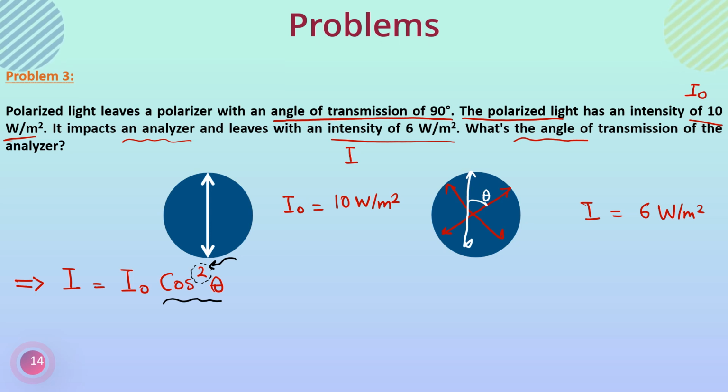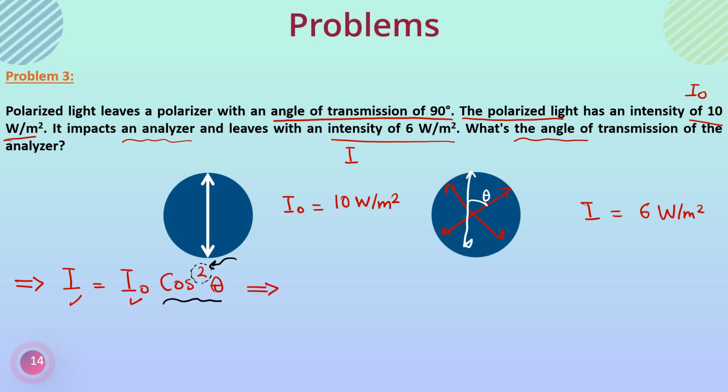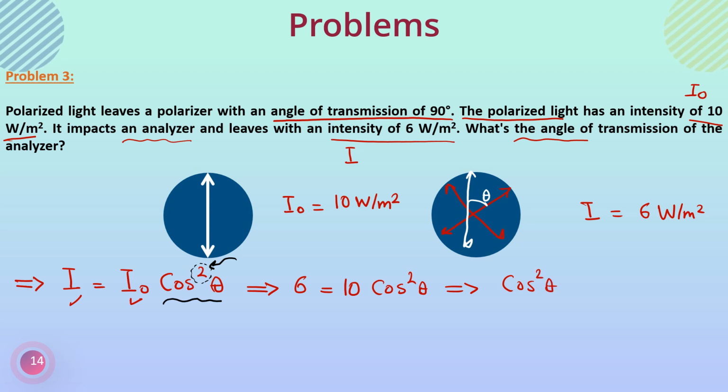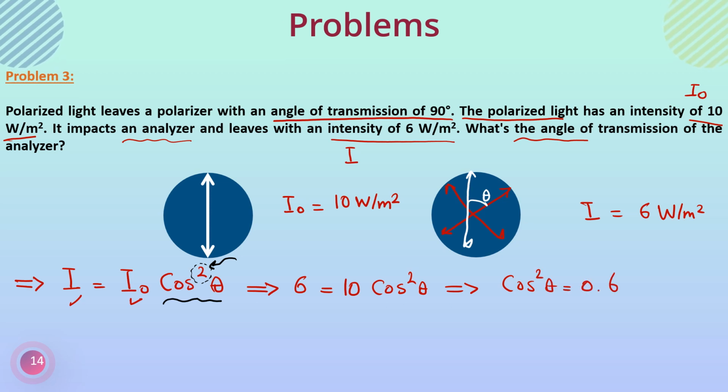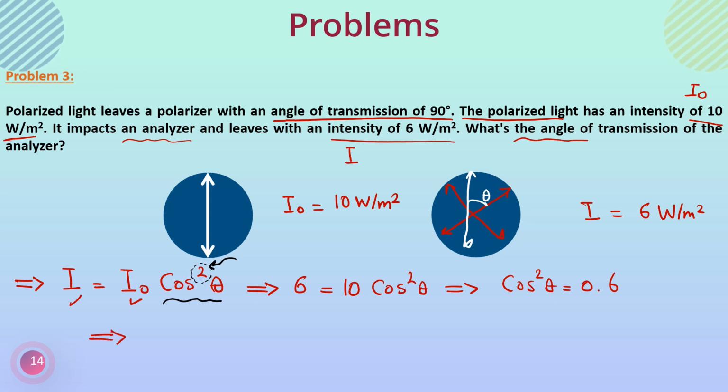Do we have I? Yes. Do we have I naught? Yes. So we are left with only one unknown. We just substitute the values: I is 6, I naught is 10, and cosine square theta. So cosine square theta is basically 0.6, because we divide both sides by 10. Then we take the square root.